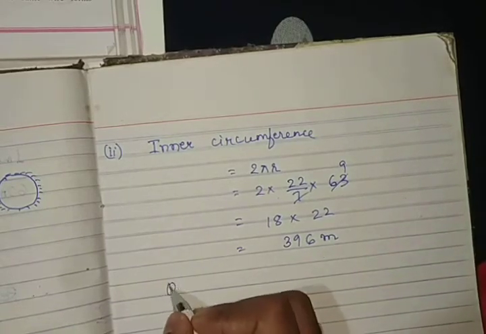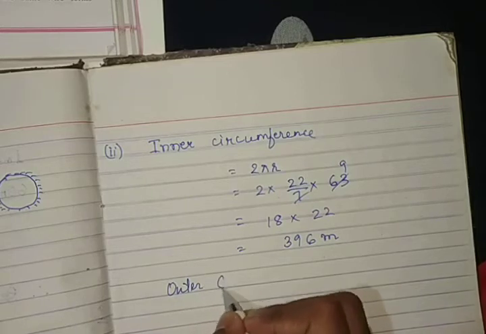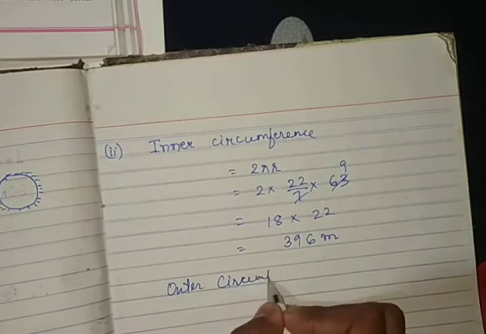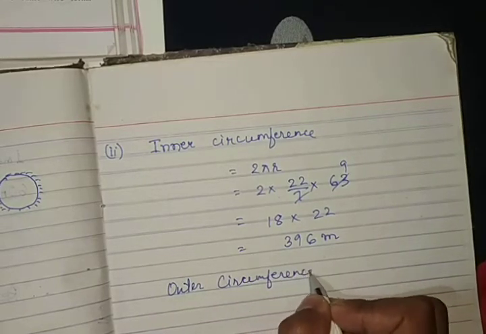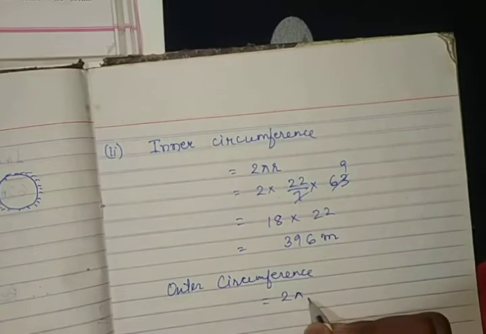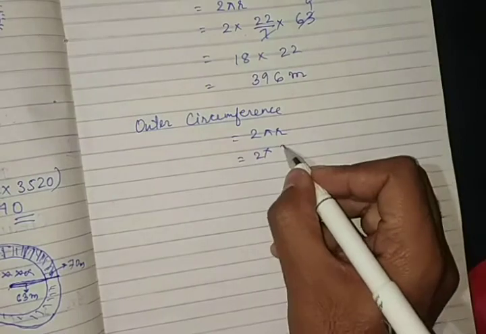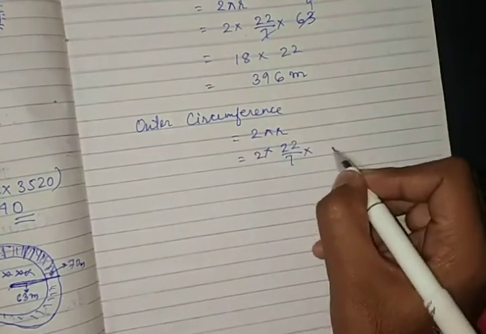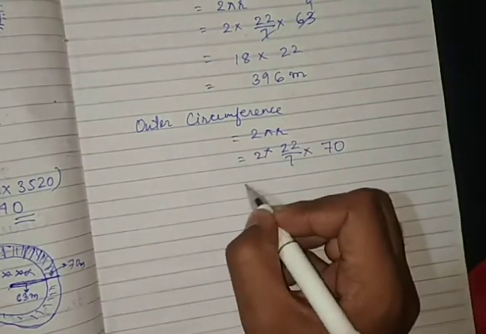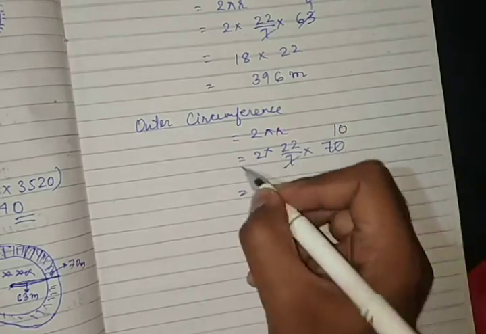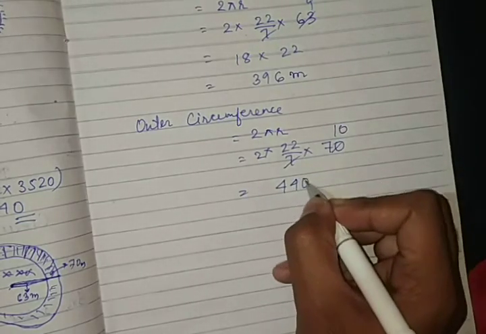And for the outer circumference, it is equal to 2 pi r, that is 2 into 22 by 7 into the radius, which for the outer one is 70. So this is equal to 440 meter.